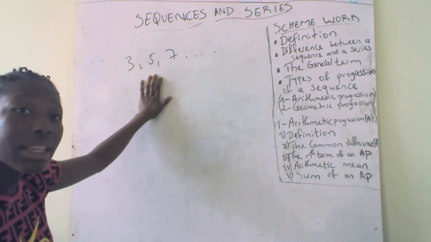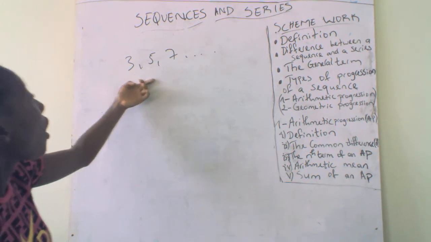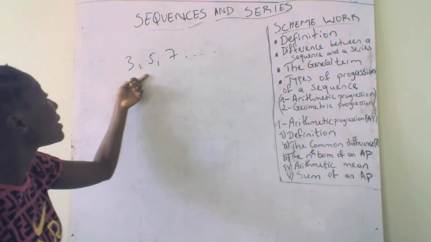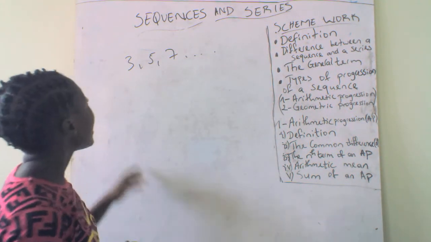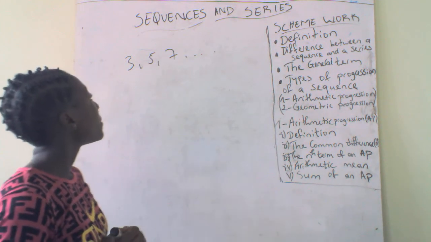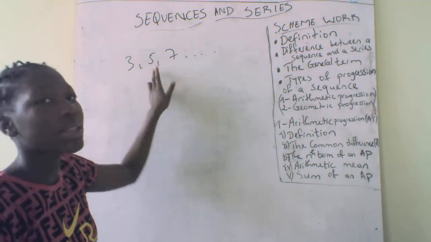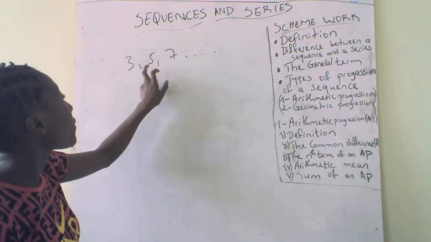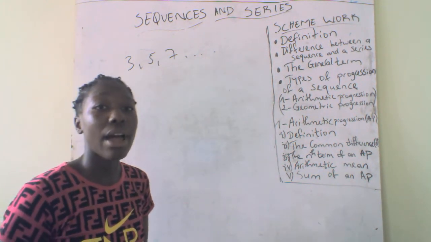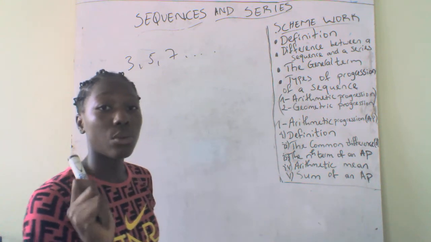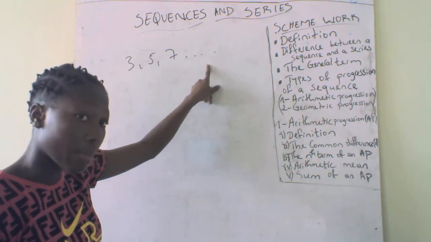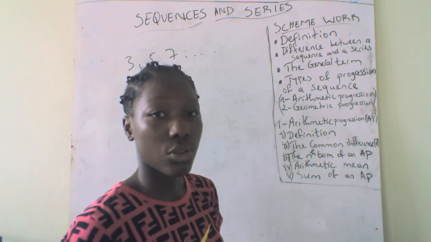It can be called a sequence because it is orderly arranged, that is in ascending order, and it has a rule for obtaining the preceding term. Here you can see that from 3 to 5 there is an addition of 2, and from 5 to 7 there is also an addition of 2. Therefore, the rule for obtaining the next term is adding 2.